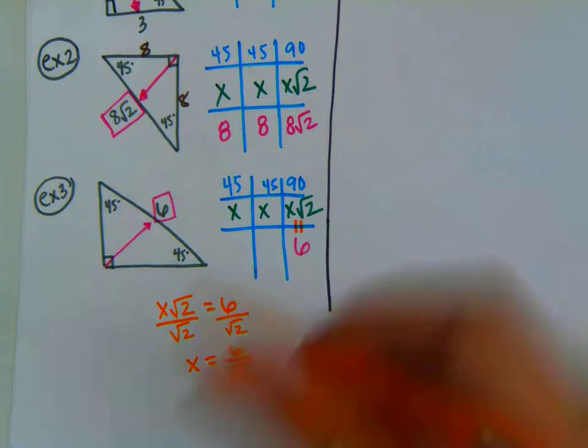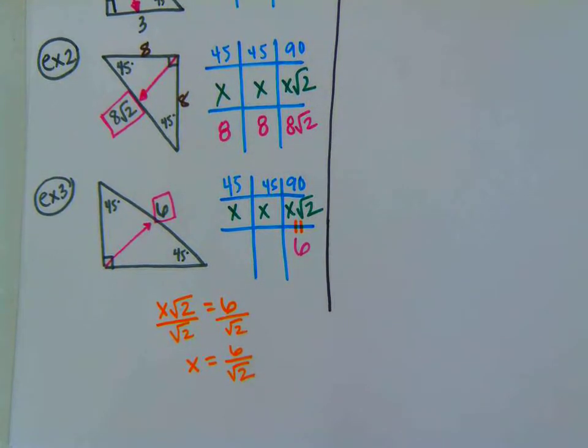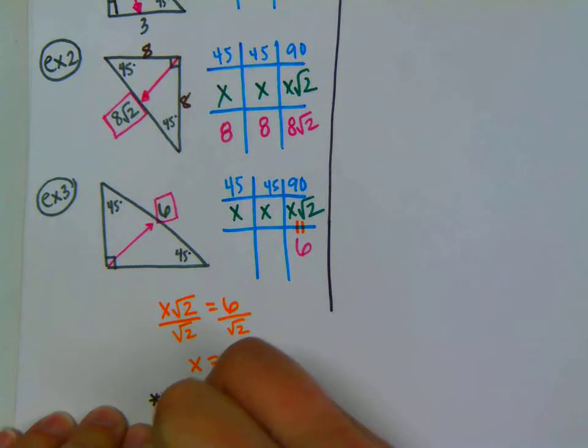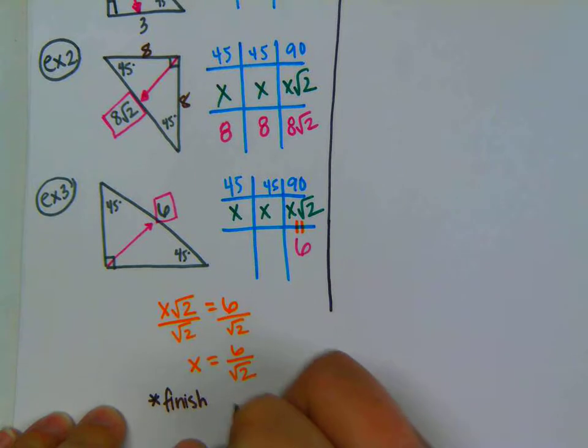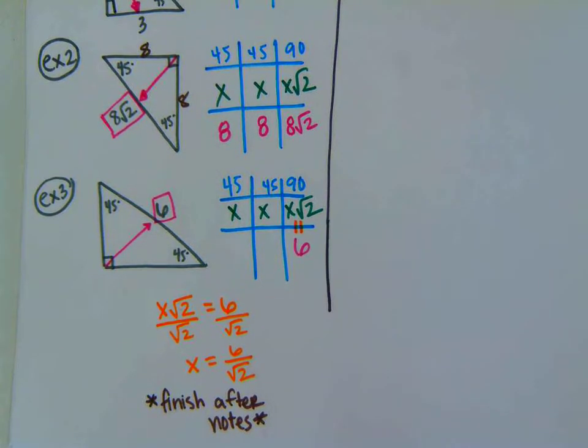All I did was set these equal to each other, and then I solved for x. Right now, this is how I'm going to leave my answer, but this is not your final answer. I'm going to put an asterisk here: finish after notes. Tonight's notes are going to show you how to finish the problem.